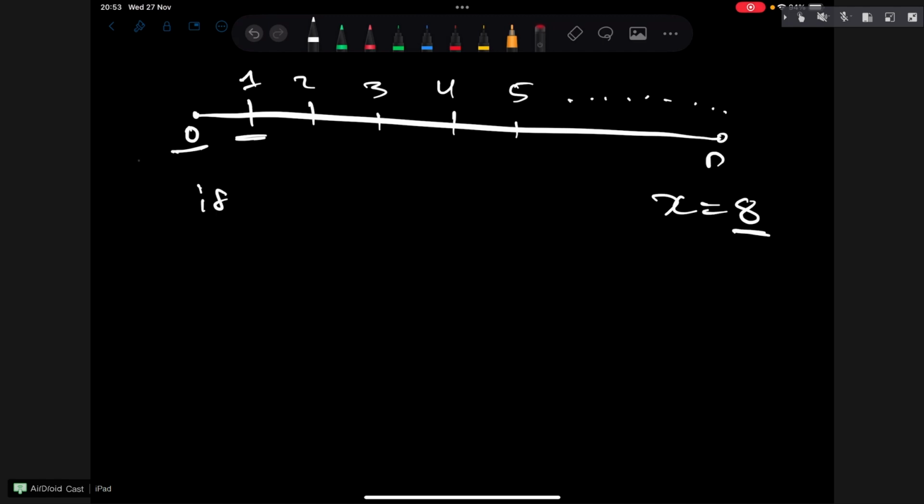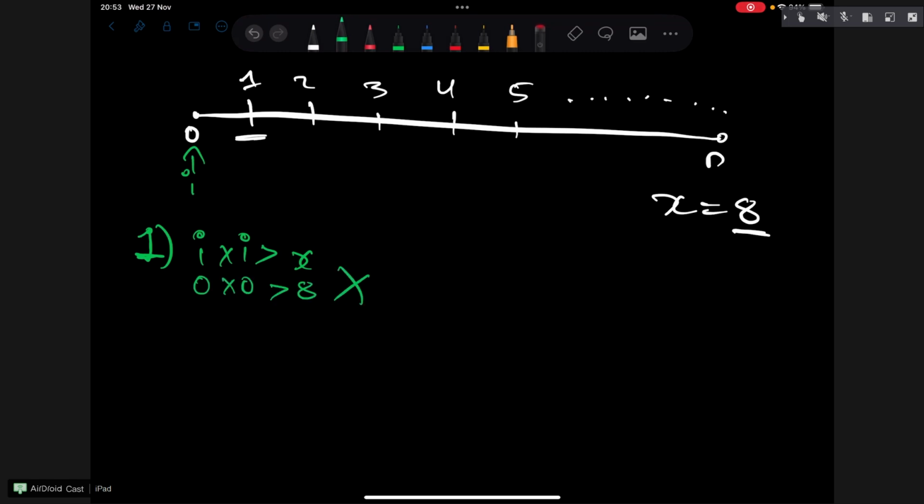Let's say i is pointing right here, at 0. For the first time, I ask, is i times i greater than x? So is 0 times 0 greater than 8? The answer is no, it is not.